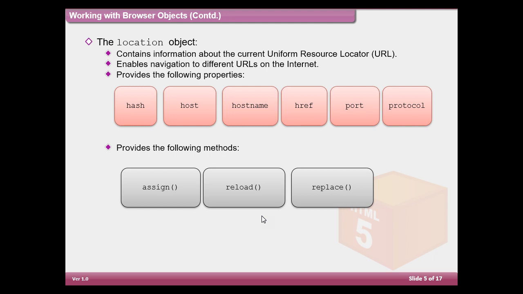Location provides us hash, host, hostname, href, port, protocol, and it provides 3 methods: assign, reload, and replace. We are going to operate this location object.